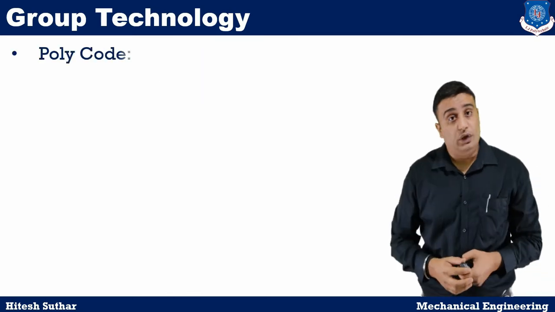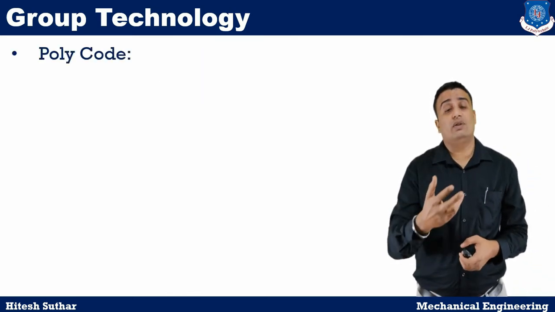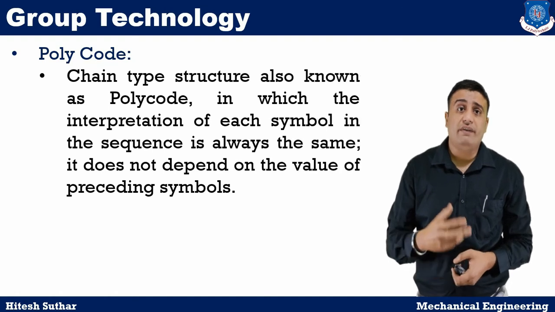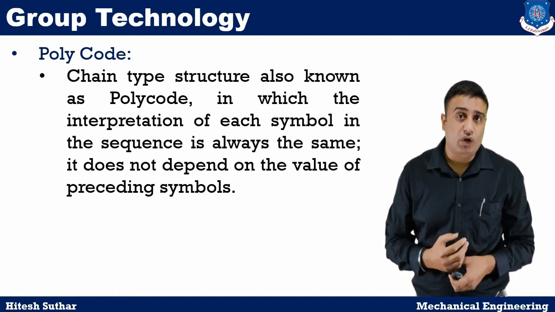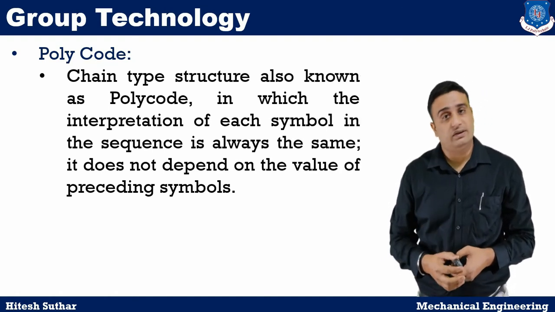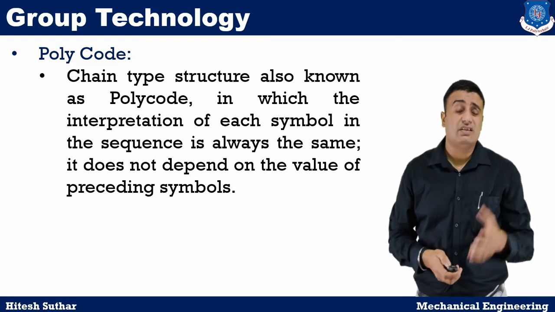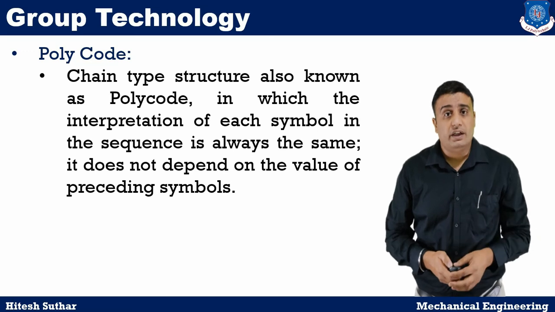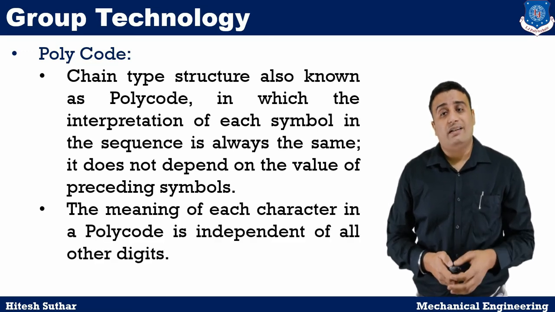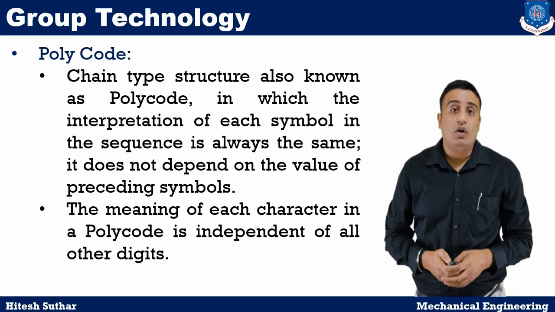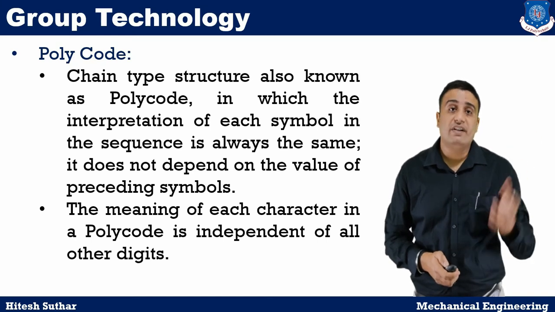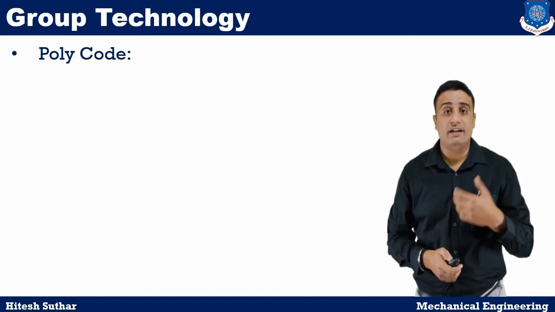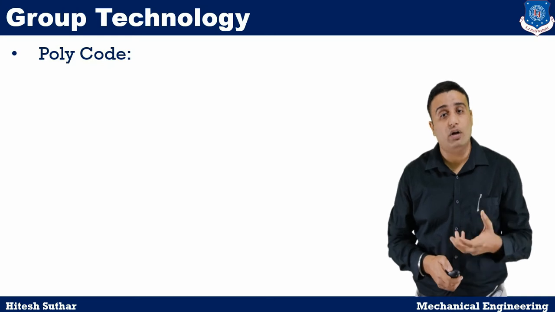Next is the polycode, also known as a chain type of structure, in which the interpretation of each symbol in the sequence is always the same. It does not depend on the values of preceding numbers or symbols. The meaning of each character in a polycode is independent of all other digits, whereas in the hierarchy coding system, the numbers are dependent on other digits.